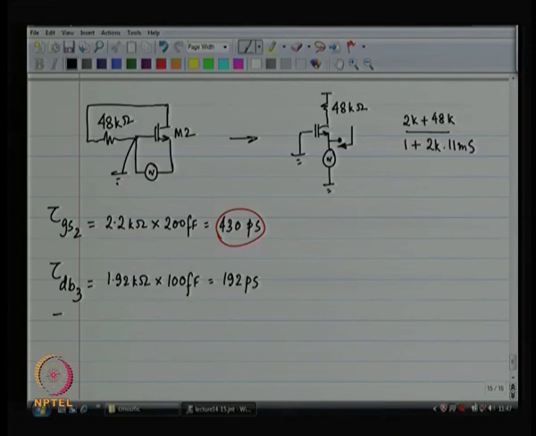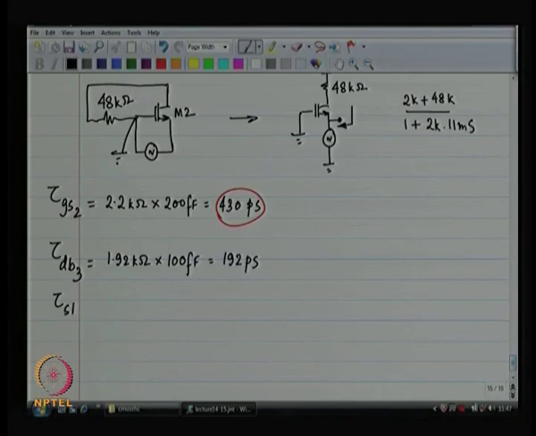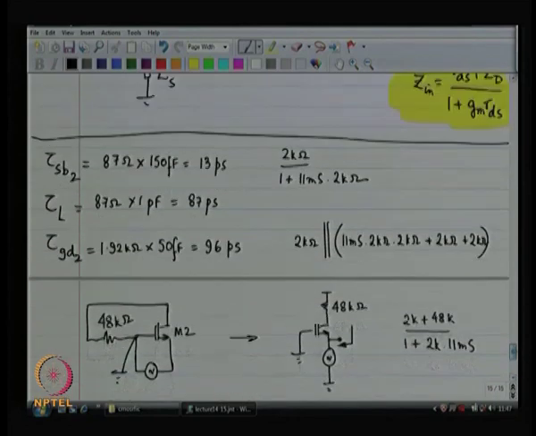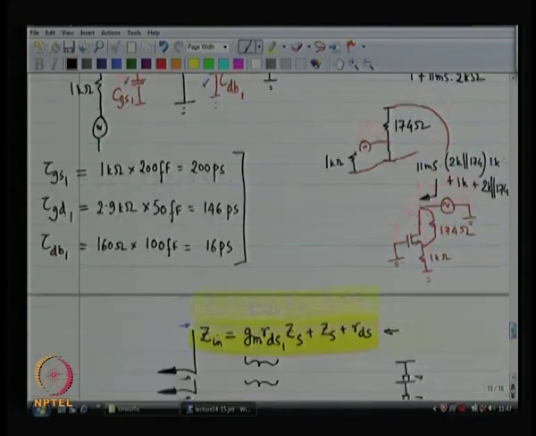Right, and then I have got source to body 3. Source to body of device number 3 is exactly the same as drain to body of device number 1, which saw 160 ohms.